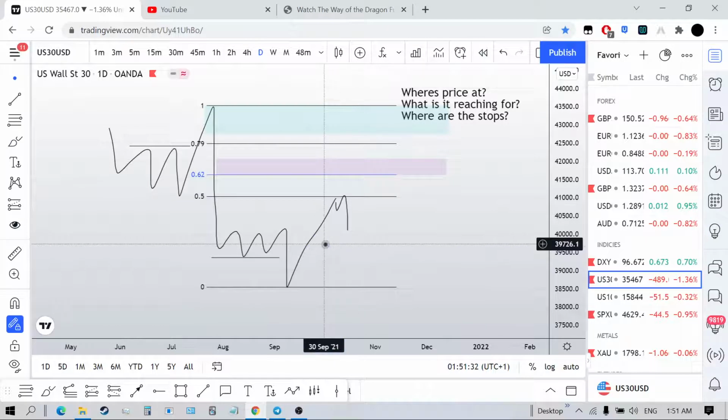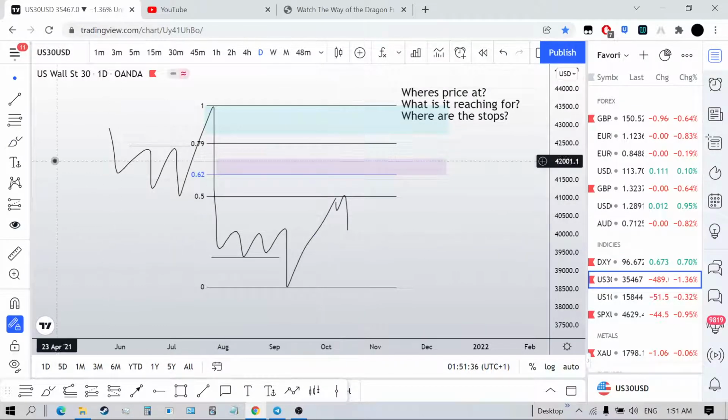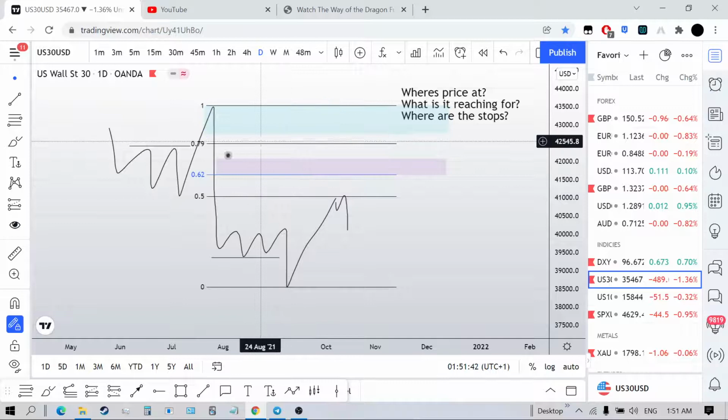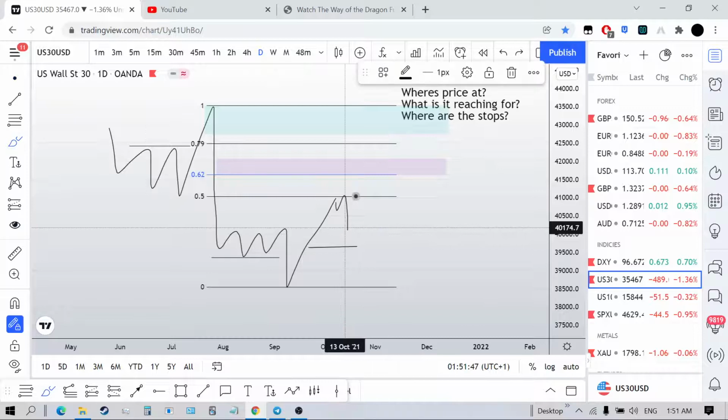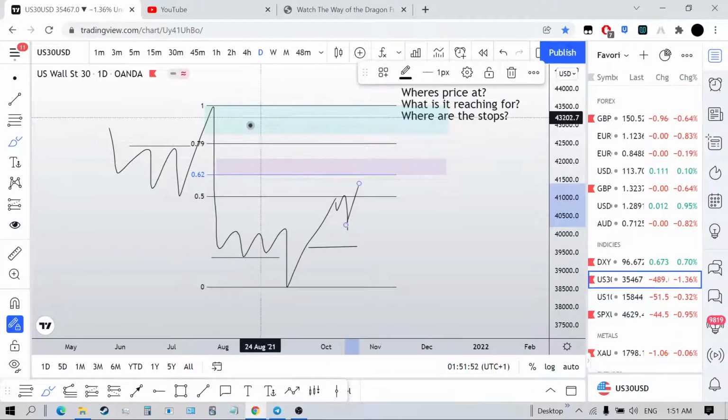Okay, so whenever I have this, I wait for price to get to the stops, get to the objective. This is basically the objective up here, or wherever price is reaching for here. So let's say price goes up, okay, and this is my objective and this is my objective.